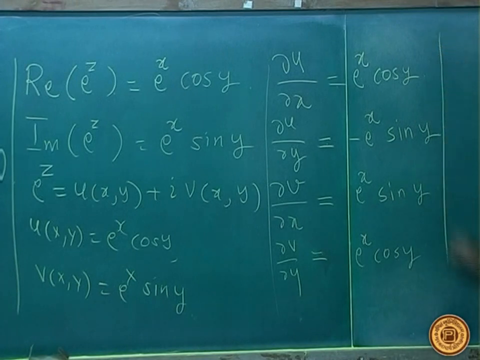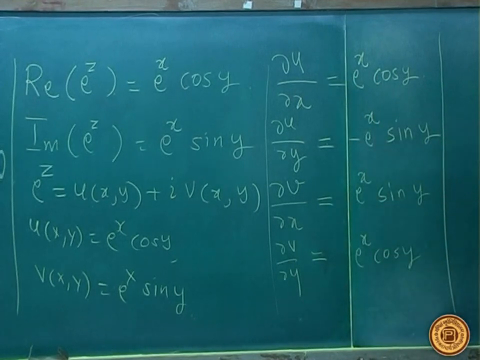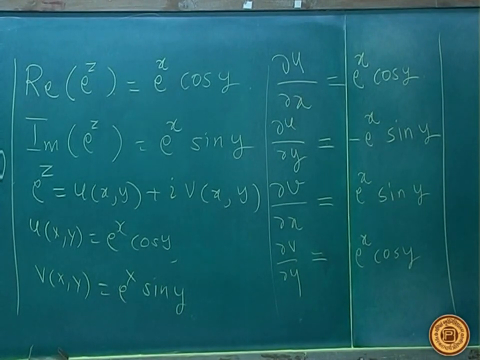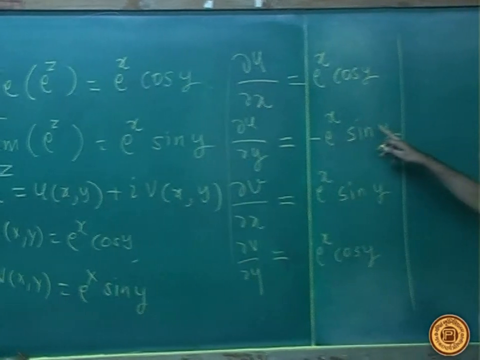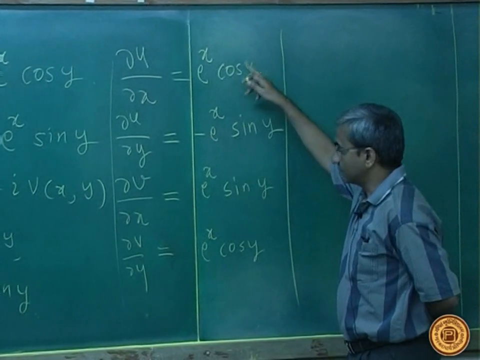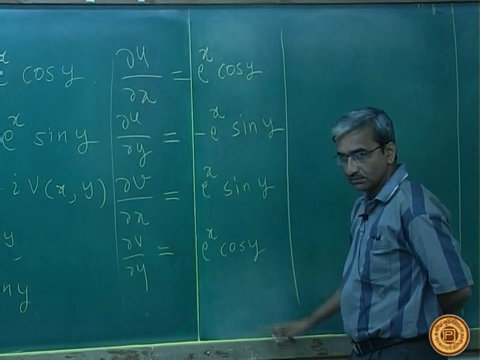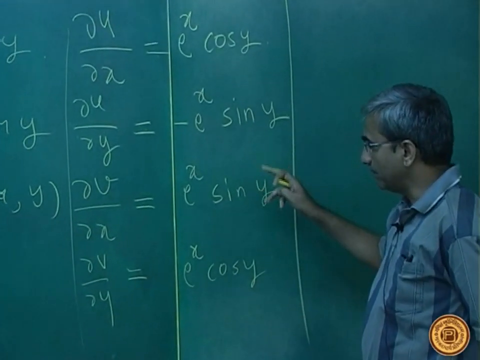Now you see these four equations and tell me, what do you observe? What do we want? We want ∂u/∂x to be equal to ∂v/∂y.